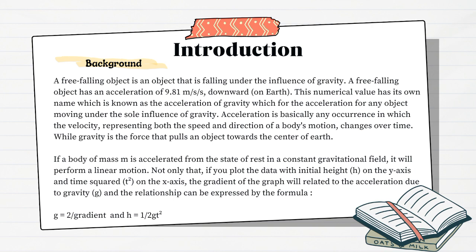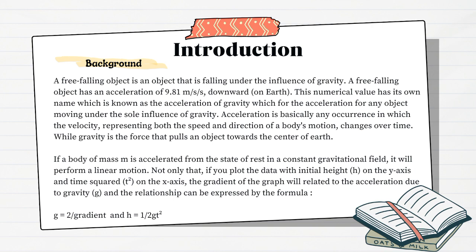Acceleration is basically any occurrence in which the velocity, representing both the speed and direction of a body's motion, changes over time. While gravity is the force that pulls an object towards the center of Earth.